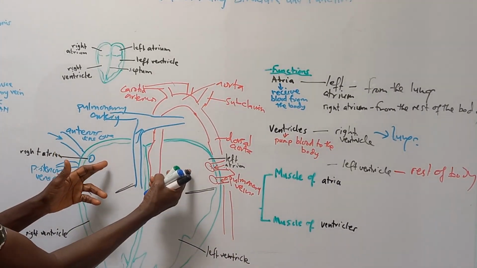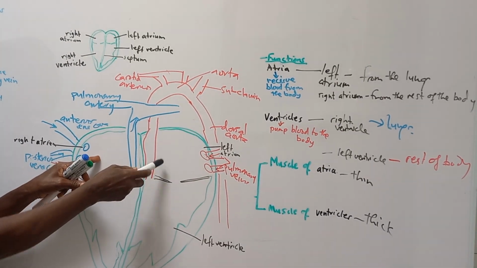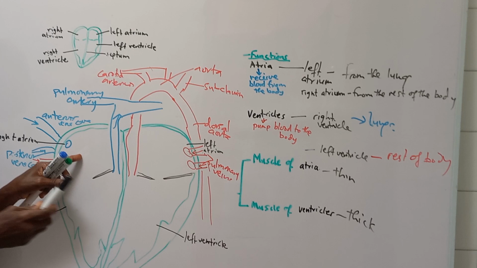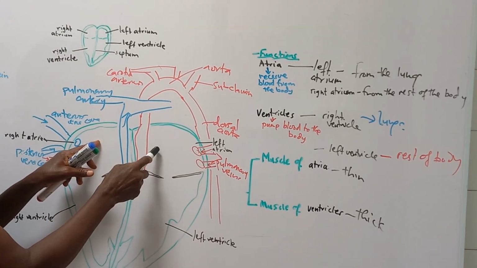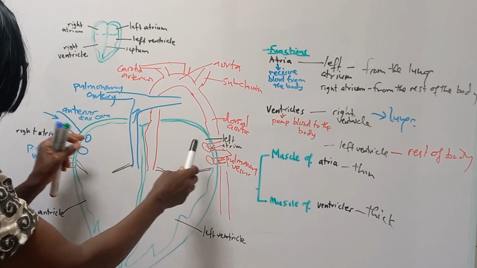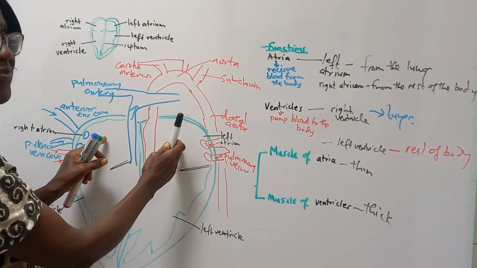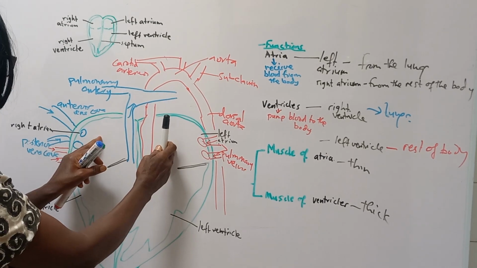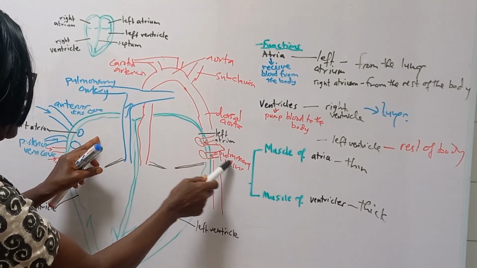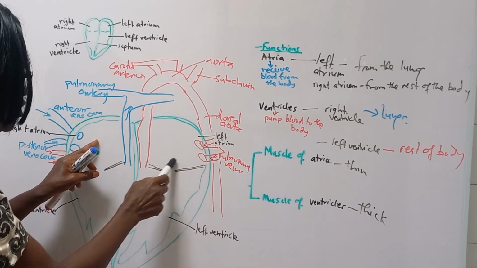Now these two atria, the muscle is thin. Thin muscle because of two reasons. One of the reasons is that it contains blood of low pressure, because before blood comes into the atria, it has gone through a capillary bed. So the blood that comes in through the pulmonary veins has gone through the lungs, so it's low pressure.